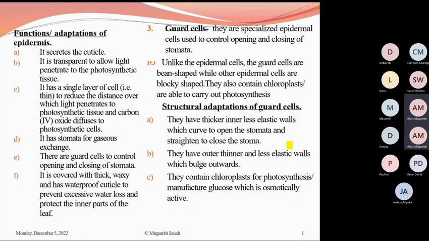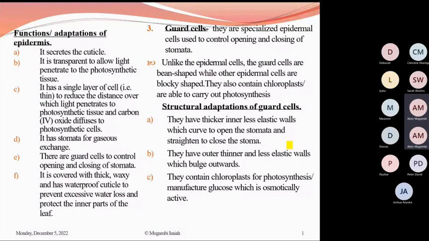It is also a single layer to reduce the distance over which light penetrates to the photosynthetic tissue, and for carbon dioxide to diffuse into the photosynthetic tissues. It also has stomata for gaseous exchange.